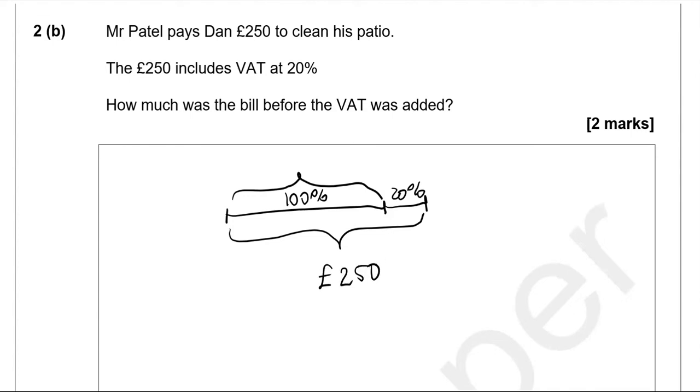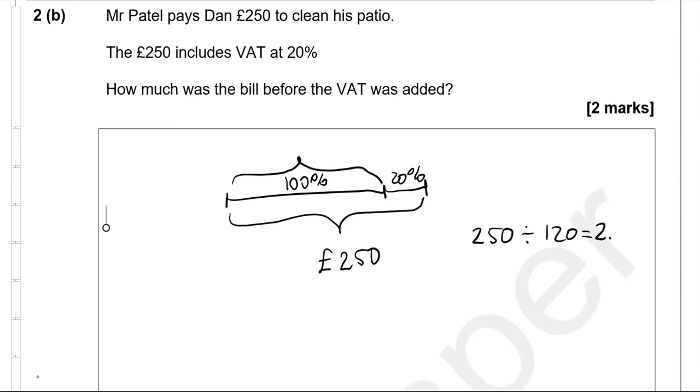We're looking to work out the 100% amount, so without the 20% added. So what we're going to do is 250 divided by 120, because that's how many percent that represents. And that's going to give us the 1% amount. And this gives us 2.0833 and so on, so 3 is recurring.